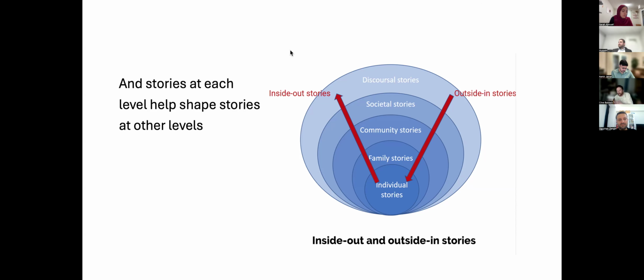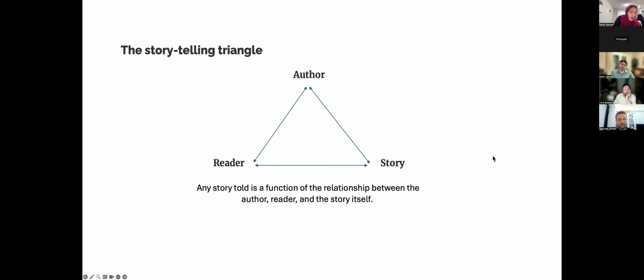Hopefully all our research has that impetus: as qualitative researchers, we tend to collect individual stories, but then rework them, reshape them, and put something out into the world in the hope that wider stories might change. So these different levels and these different interactions are important.